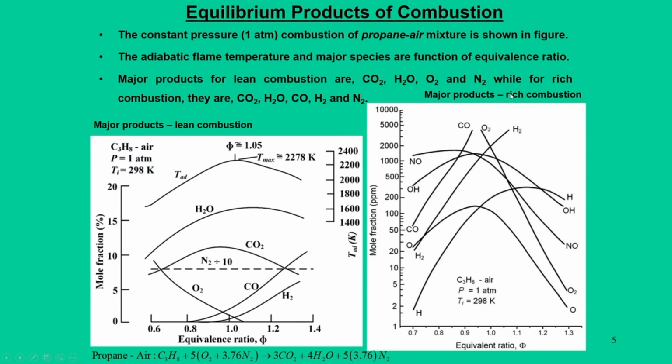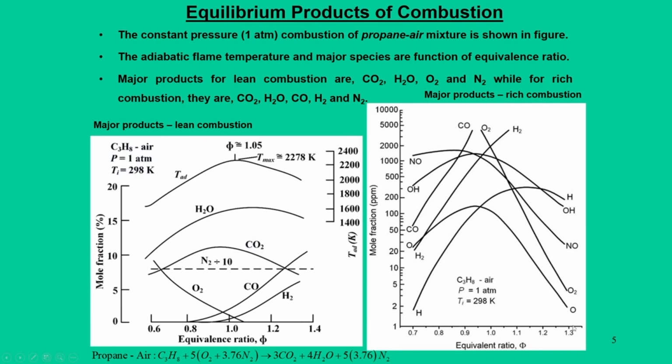Now, when you move on to the rich combustion process, the same mole fractions are also important, or they are also formed. Apart from this, when you have rich combustions, you can see the formation of O, CO, OH, NO, then oxygen, and all these things are formed, and their concentration varies as we increase the equivalence ratio.